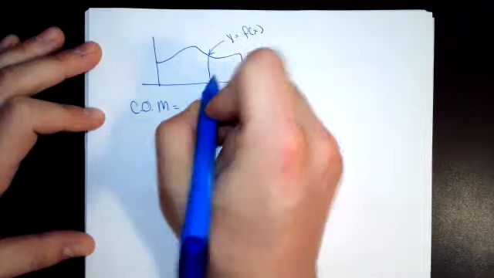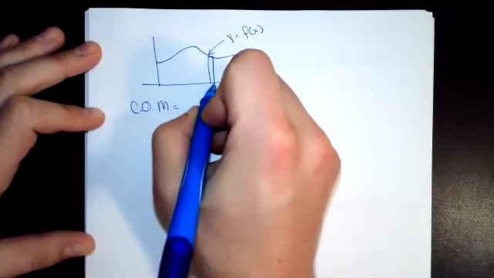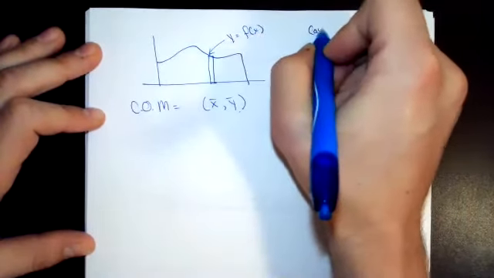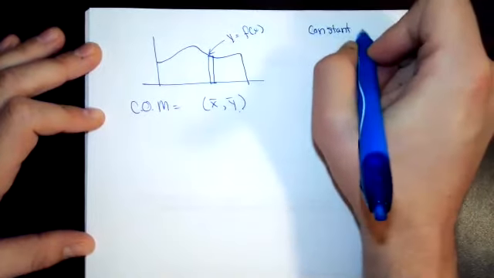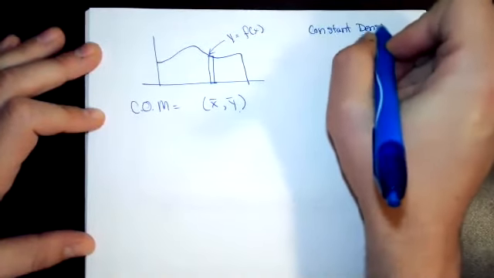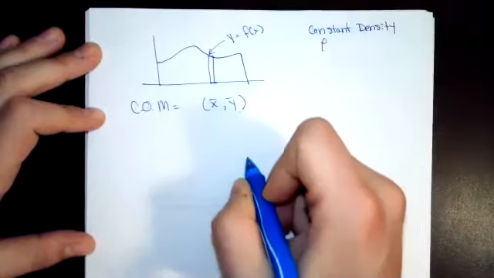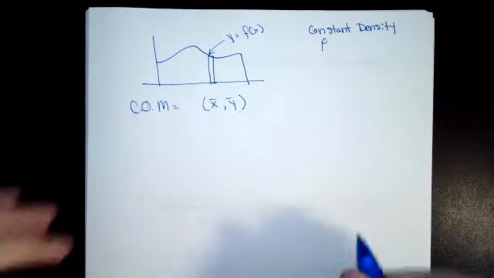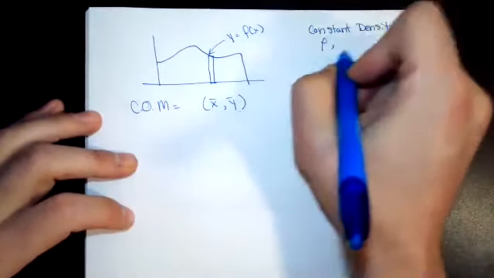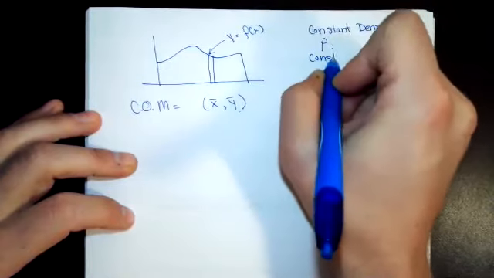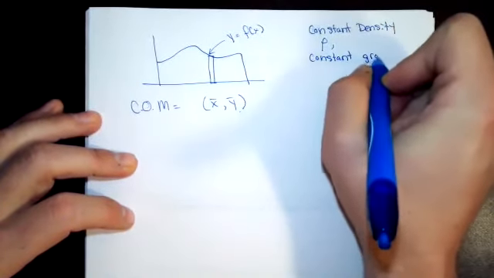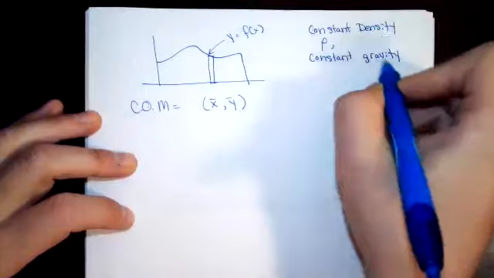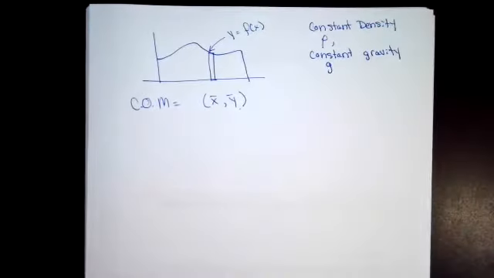And then assuming that, now in this case, because we have a shape, we have some constant density, rho, and whether that's a mass density, sometimes it's a mass density or a weight density, and then of course constant gravity, depending on whether we're using metric or imperial.